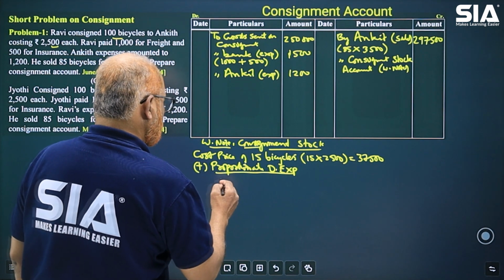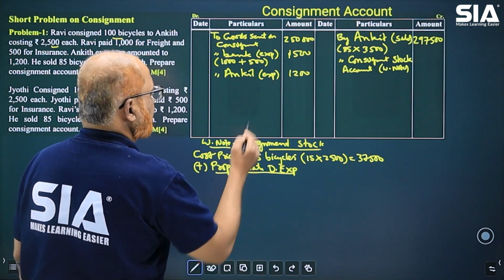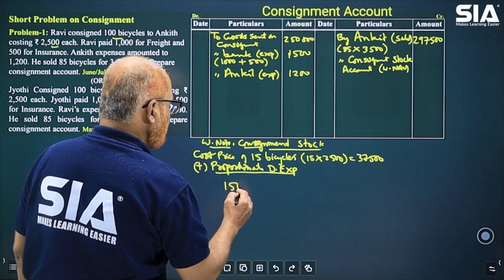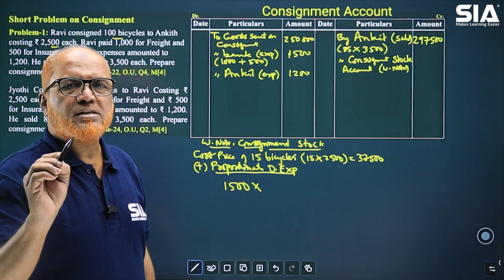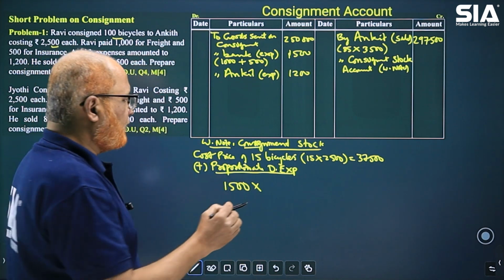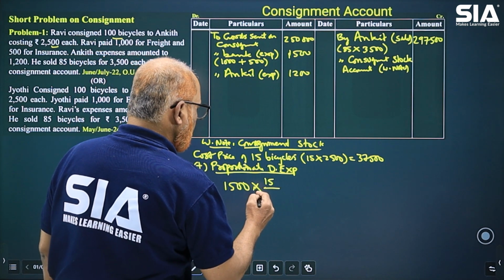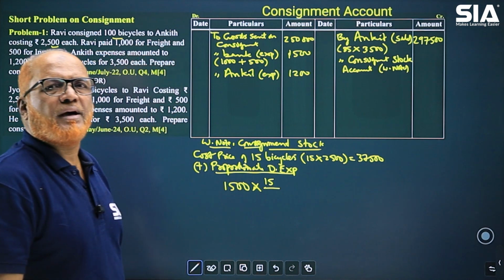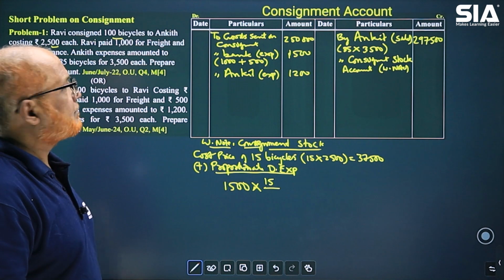Proportionate direct expenses. So total amount paid is 1,500. So 1,500 is the expenses paid by the consignor. How many bicycles are remaining unsold? 15 bicycles. Out of a total bicycles sent by the consignor is 100.